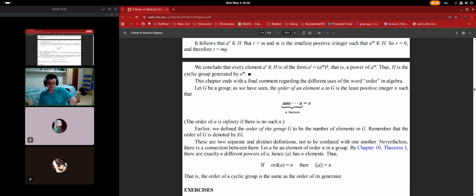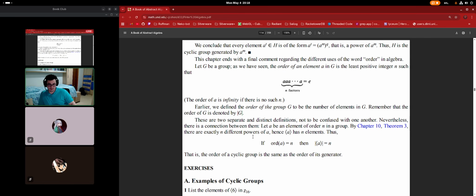Earlier we defined the order of the group G to be the number of elements in G, which is a much simpler thing, right? And we denote that by the pipes. These are two separate things, but apparently there is a connection between them, which is my final question, aside from the exercises. Let a be an element of order n in a group, right? So it's the order of the element. That means that if you apply a, if there are n factors of a, you're going to get the identity, right?